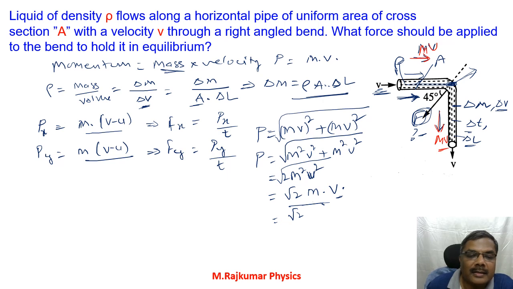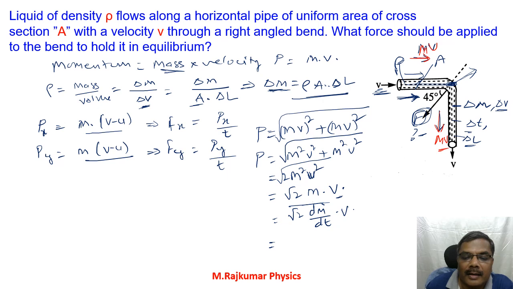This mass you are having as a mass flow rate, that is, mass flow rate is dm by dt into v. This mass is delta m, which will be equal to rho a delta l.